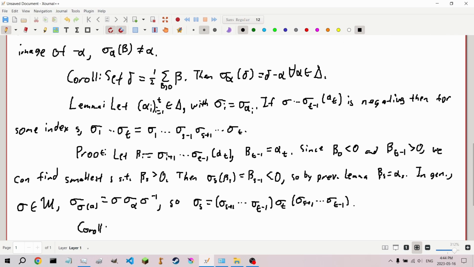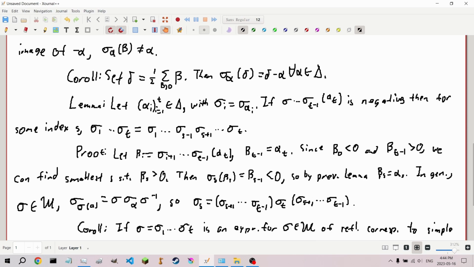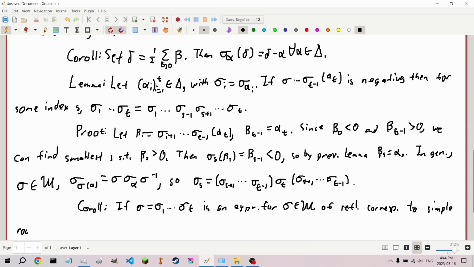And this comes with a corollary: if sigma can be written as the composition of sigma 1 through sigma t, an expression for sigma in the Weyl group of reflections corresponding to simple roots, with minimal t, then sigma of alpha t is negative.